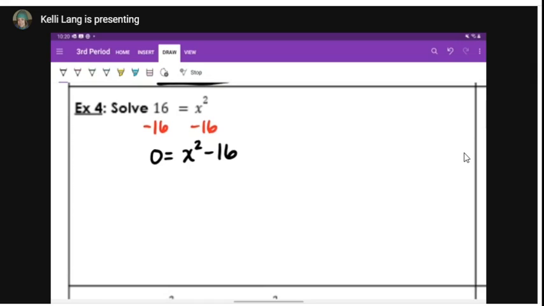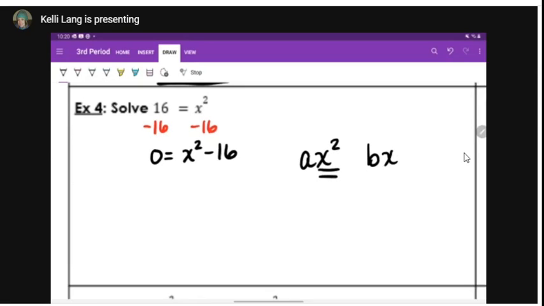We still have one more issue because this doesn't quite look like standard form equal to 0 just yet. We are missing a term. Are we missing our first term, our middle term, or our last term? Can I get a volunteer to tell me whether we're missing the first, the middle, or the last? Yeah, it's the middle. Our first term is always the one that has the x squared.